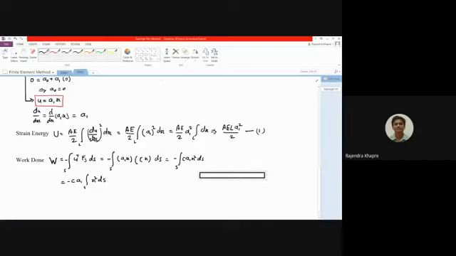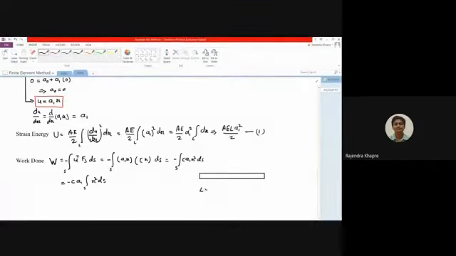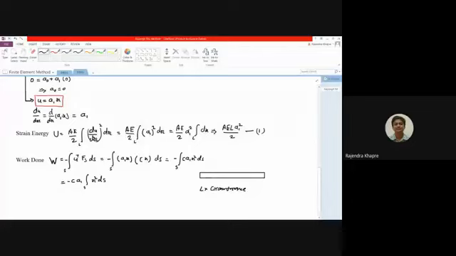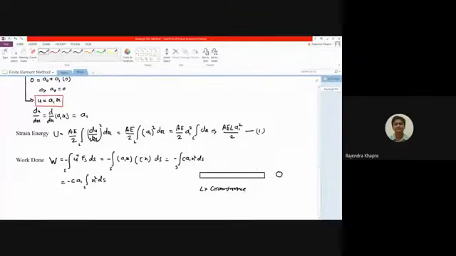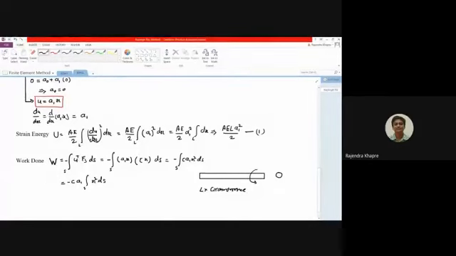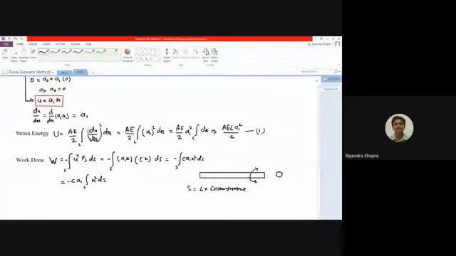So how are you going to get the surface of this bar? If this is a circular bar, your surface will be the length multiplied by the circumference. If you consider the cross section of this bar like this, this particular surface can be calculated by simple multiplication of length into circumference.